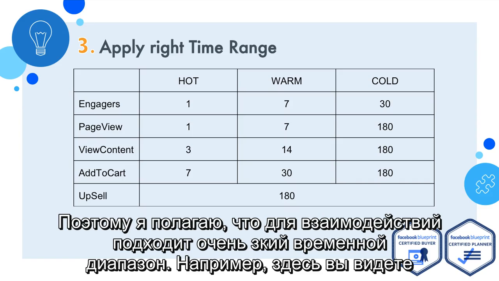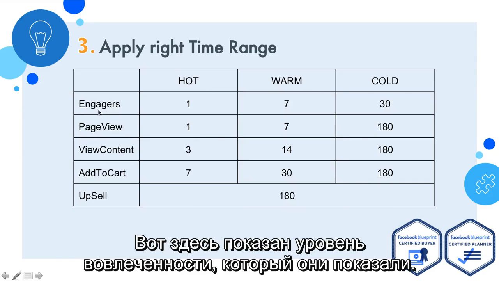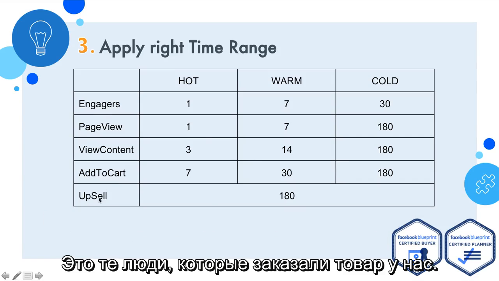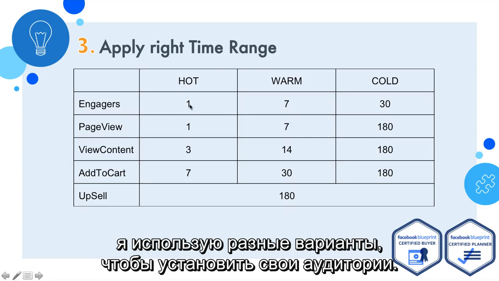You can see, for example, that I differentiate between hot, warm and cold time ranges, depending on the level of engagement they have shown with us. So engagers, then page view, view content, add to cart, and last but not least upsell, so people that have actually purchased from us. Depending on the level of engagement and the time when they interacted with us, I choose different options to set up my audiences.